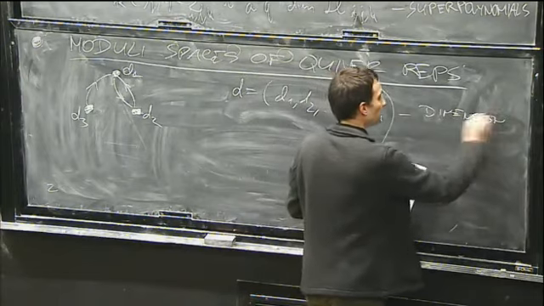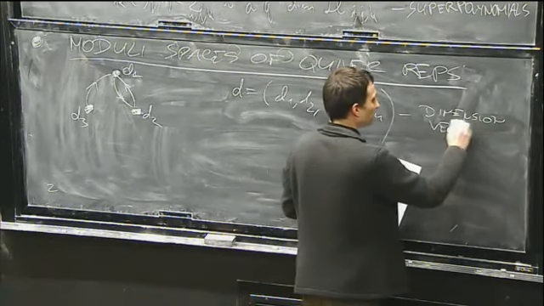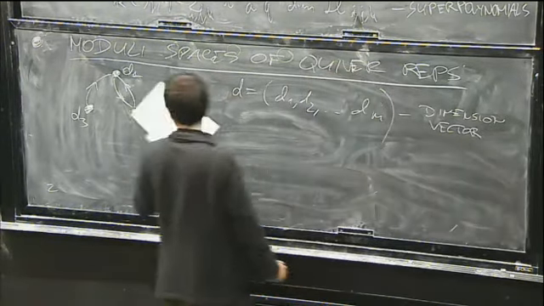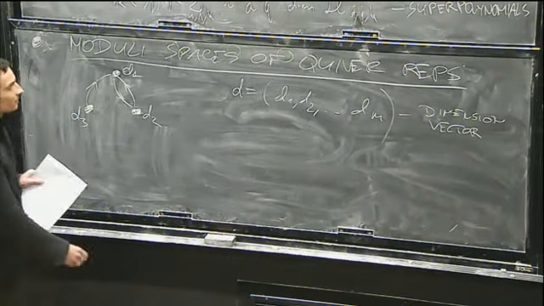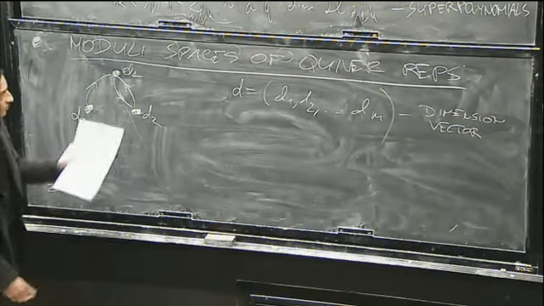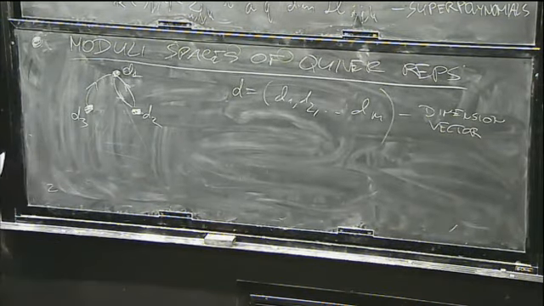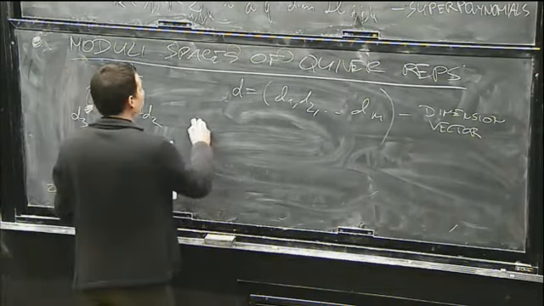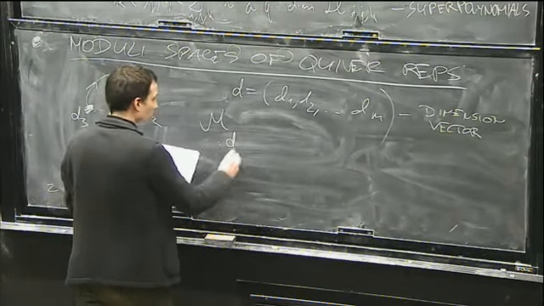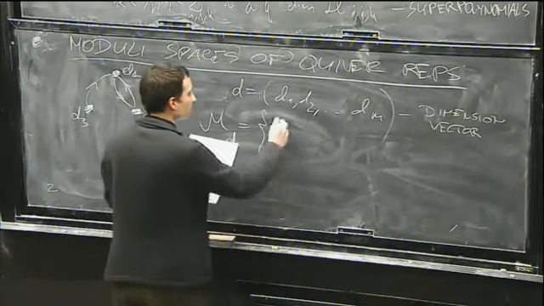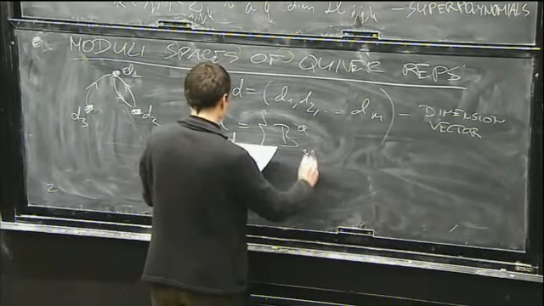And one issue which is important for me is that I will not fix these to take some particular values, but I will consider all possible sets of these at once. I mean, there is, of course, the restriction that they have to be non-negative integers. So the moduli space of quiver representations for a fixed dimension vector is a set of all such maps.